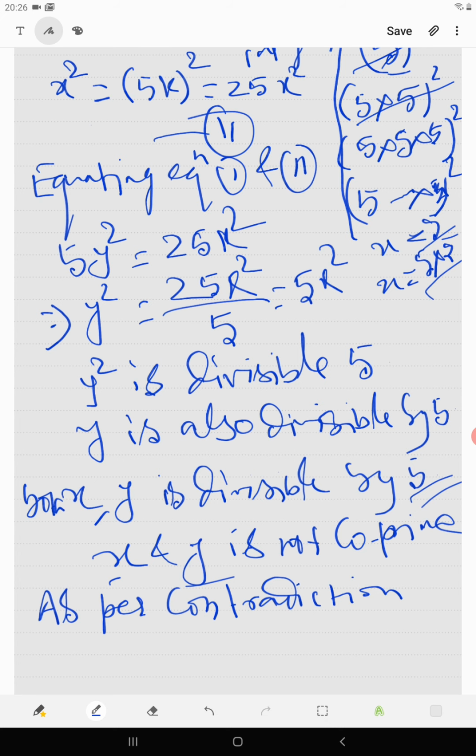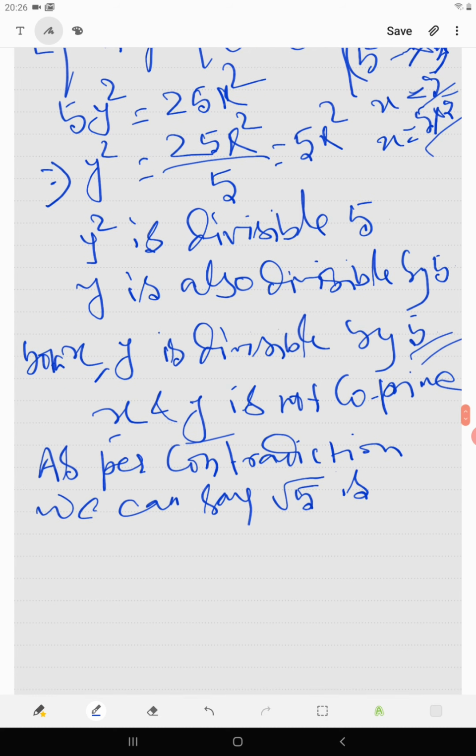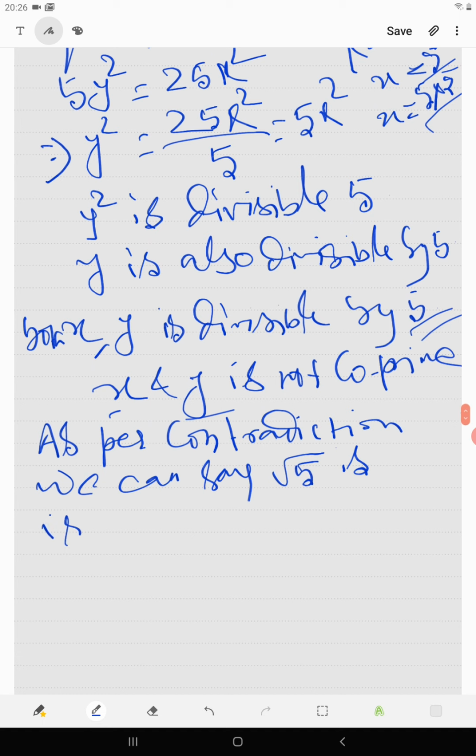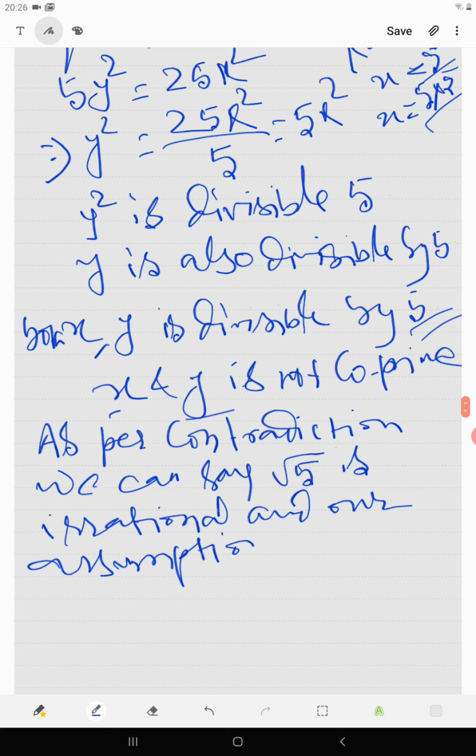Since we have a contradiction, we can say root 5 is irrational. Our assumption was wrong. We assumed root 5 as rational, which is not true because it contradicts.